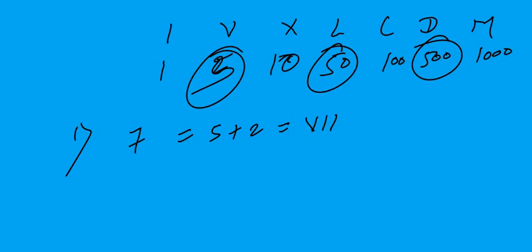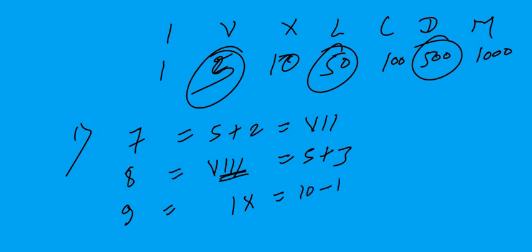If you want to write 8, what will you use? VIII, because it is 5 plus 3, 8. Then, because I is repeated 3 times, now we cannot write 9 as VIIII, 4 times. So what will we do? The next greater value is 10. So you have to subtract 1 from 10, you will get 10 minus 1 is equal to 9.